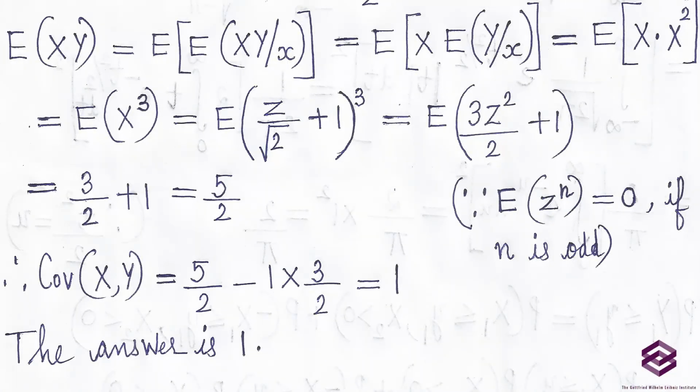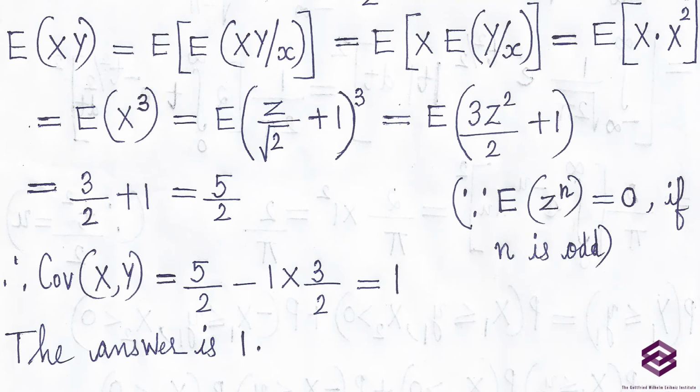Similarly, using the conditional density, we can find the expectation of XY. Expectation of XY is equal to expectation of expectation of XY given X. Since we are first evaluating the expectation with respect to Y, we can take X outside the inner expectation.